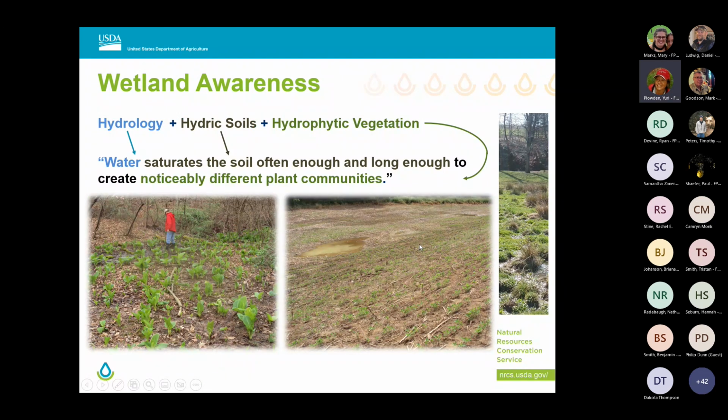Okay, so hydrology, you have water that saturates the soil, hydric soils, often enough and long enough to create noticeably different plant communities. So we have two pictures here, this one on the left and this one on the right. I will tell you now, there are wetlands in each of those. So anybody take a guess on the one on the left? Can you tell that there's a difference, first of all?